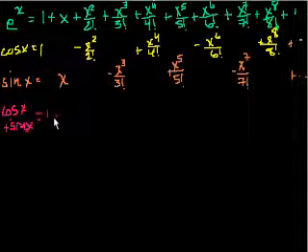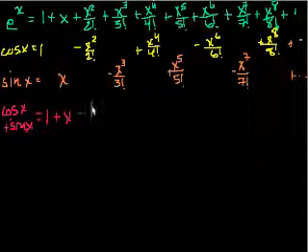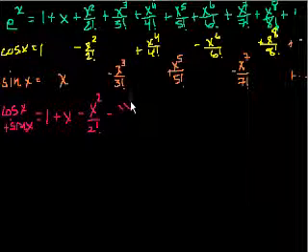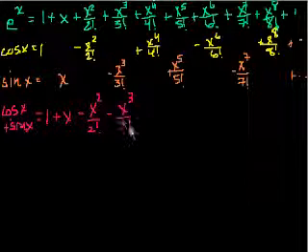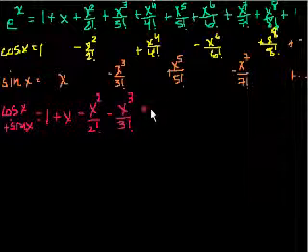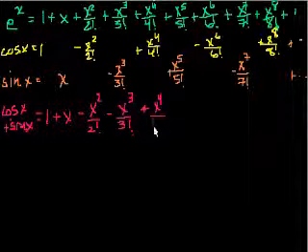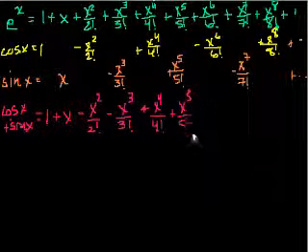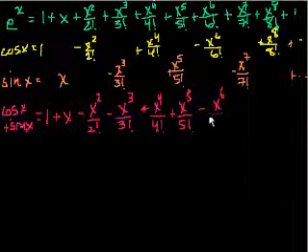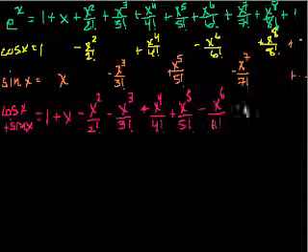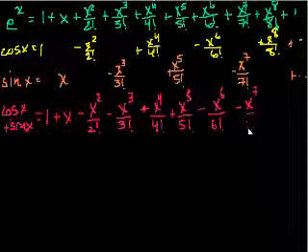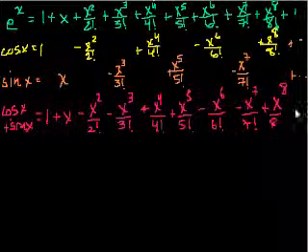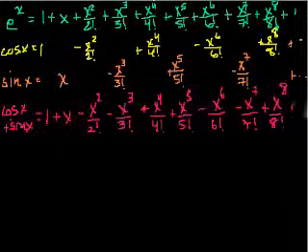So it would be 1 plus x minus x squared over 2 factorial minus x to the third over 3 factorial plus x to the fourth over 4 factorial plus x to the fifth over 5 factorial minus x to the sixth over 6 factorial minus x to the seventh over 7 factorial plus x to the eighth over 8 factorial. And it just keeps going, right? The next one would be a plus, but it goes on to infinity.